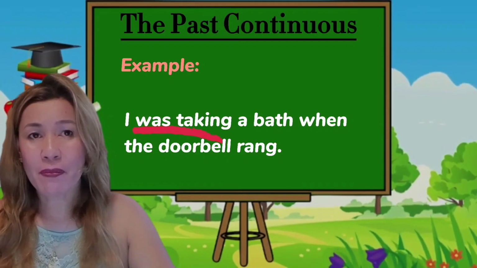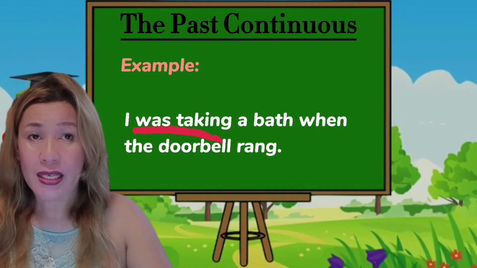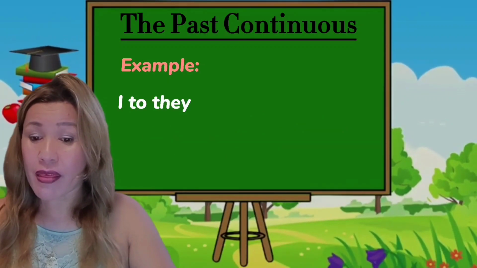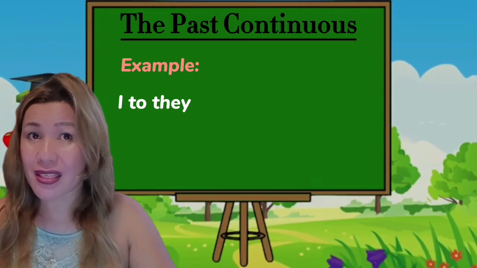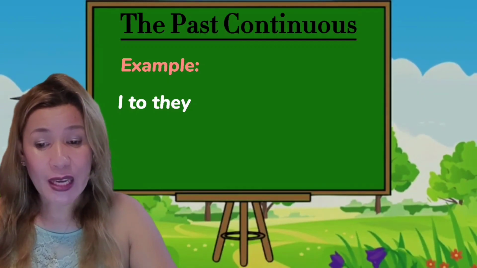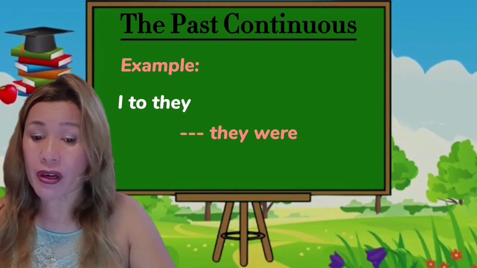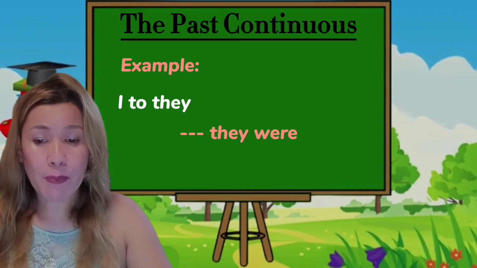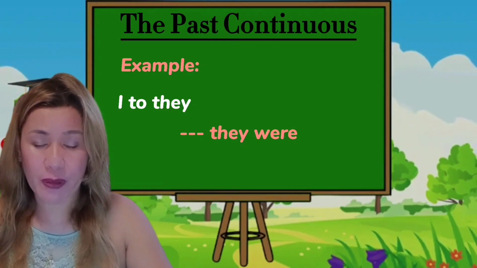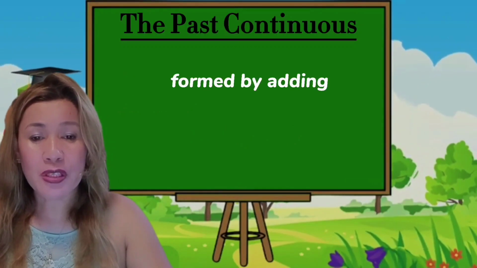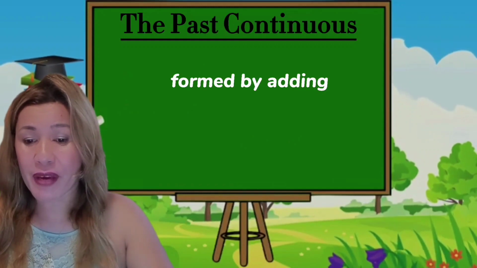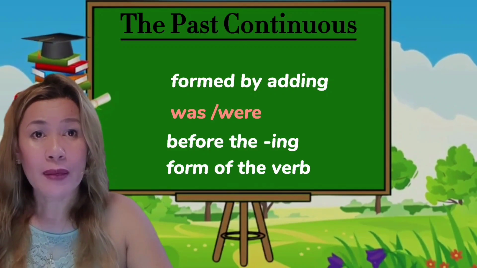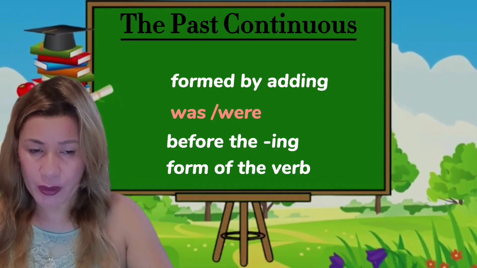You have was taking because you have I as your subject. So if you change, for example, I to they, then you have now a plural subject. So you will not retain was, but you say they were taking. Okay? So that's how we make our subjects agree with the verb. So for past continuous, we form it by having past be verbs, either was or were, plus ing form of the verb.